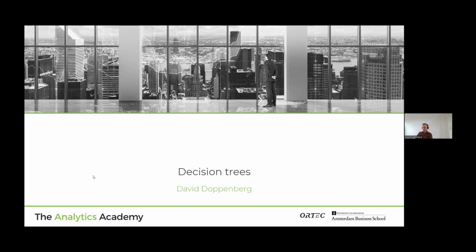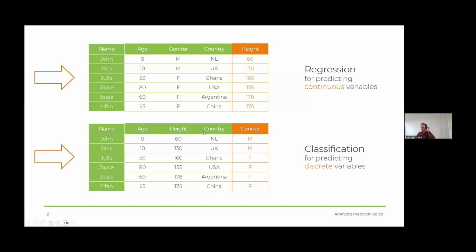All right, let's move on to the next bit of theory, which will be the decision trees. So decision trees can actually be used for multiple machine learning projects. You can use them both for regression as well as classification.